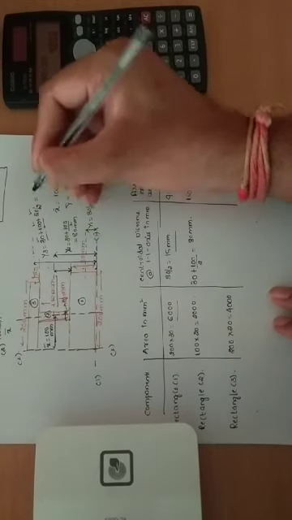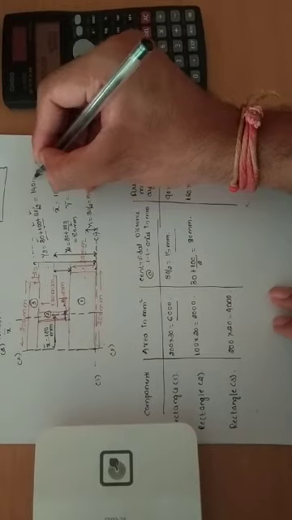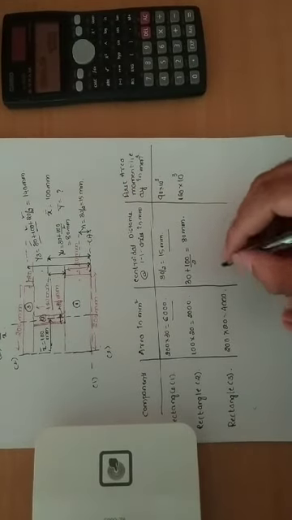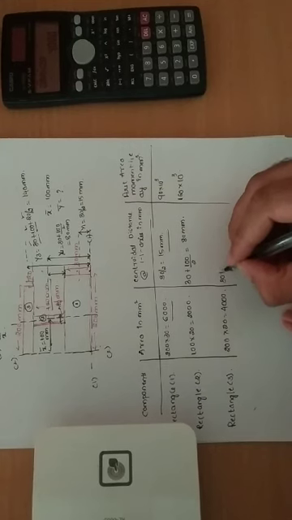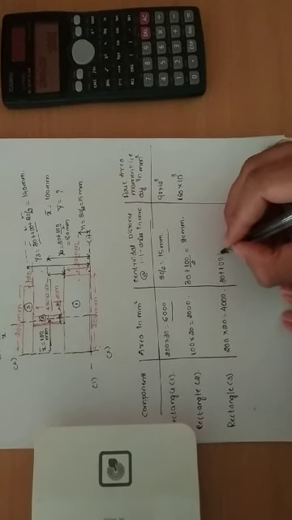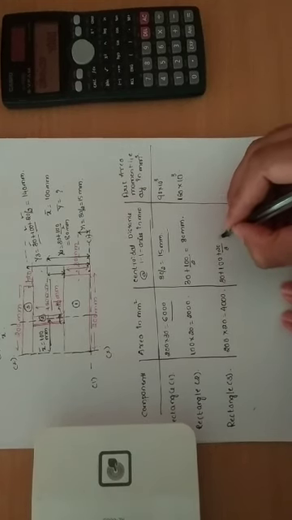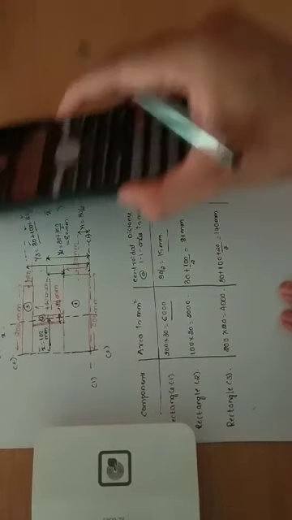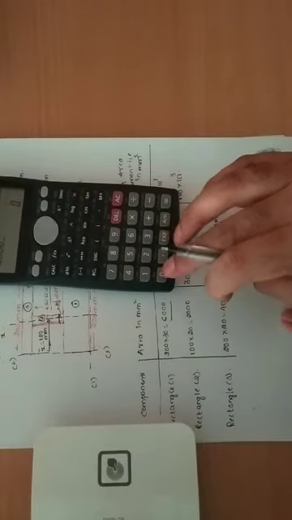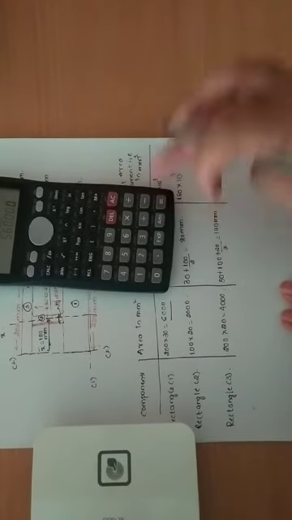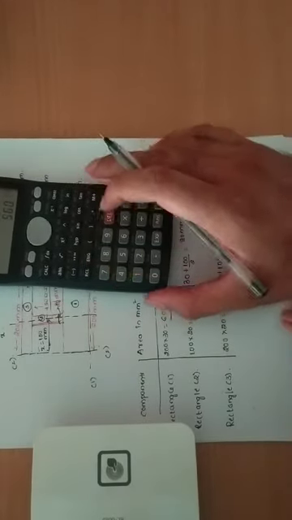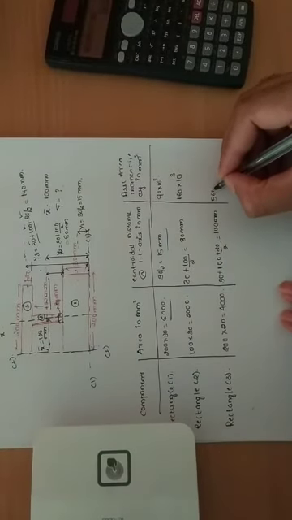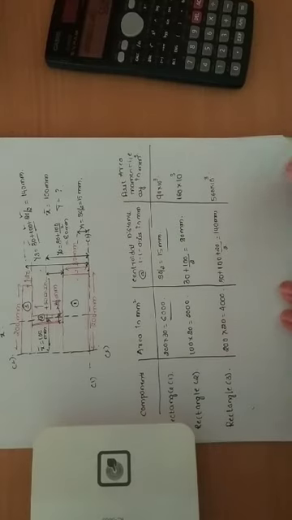So 130 plus 10, 140 millimeter. Here 4000 multiplied by 140, how much will you get? 560 into 10 raised to 3.